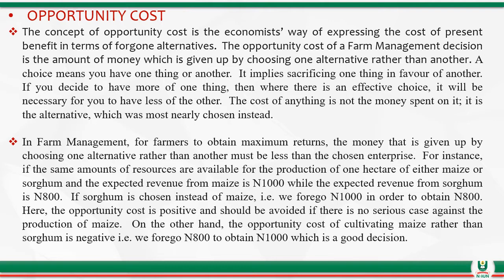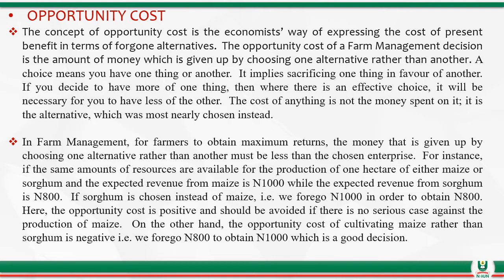Taking for example, you want to cultivate and you have two items in mind. Let's take maize and rice. Which one do you prefer? Okay, you may prefer rice, but that means you have to forego the cultivation of maize for rice.